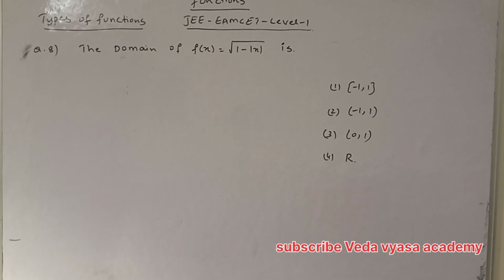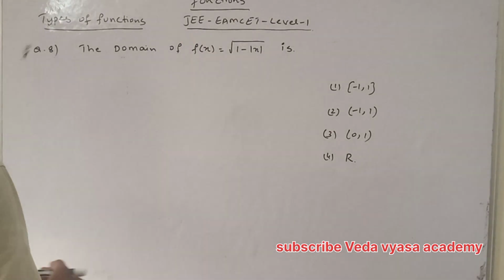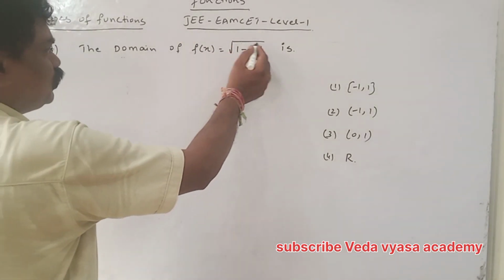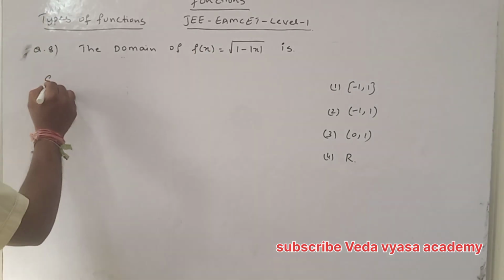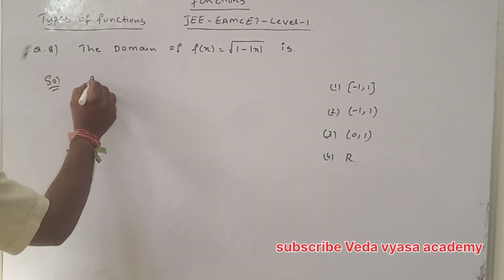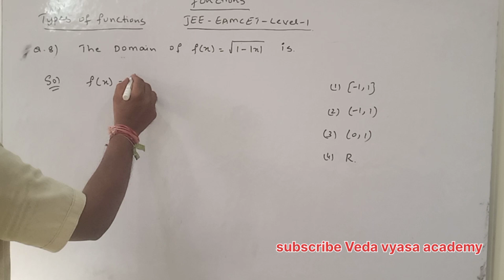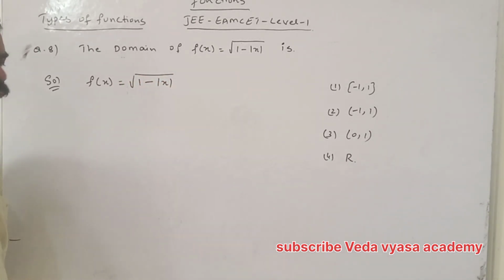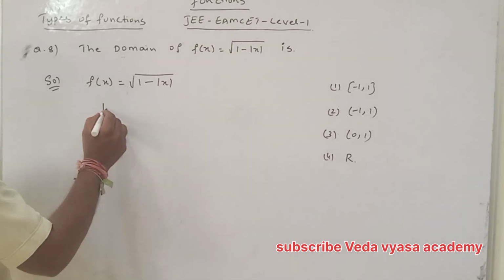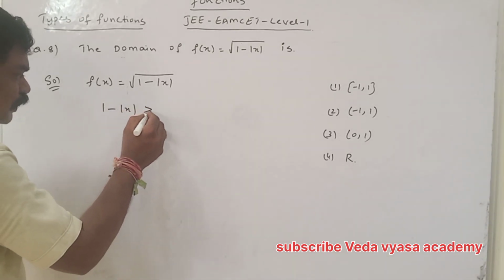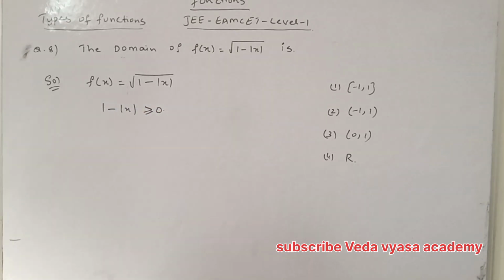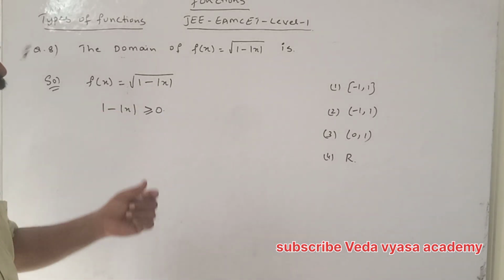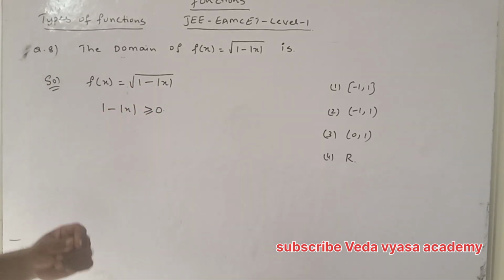Here we have one more problem. The domain of f of x is equal to root over 1 minus mod x. So 1 minus mod x should be greater than or equal to 0. If it is less than 0, then we have no answer.